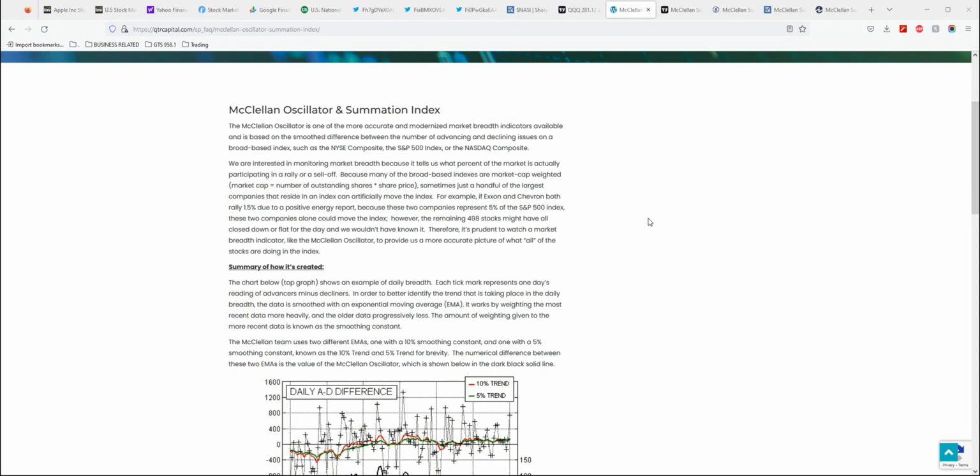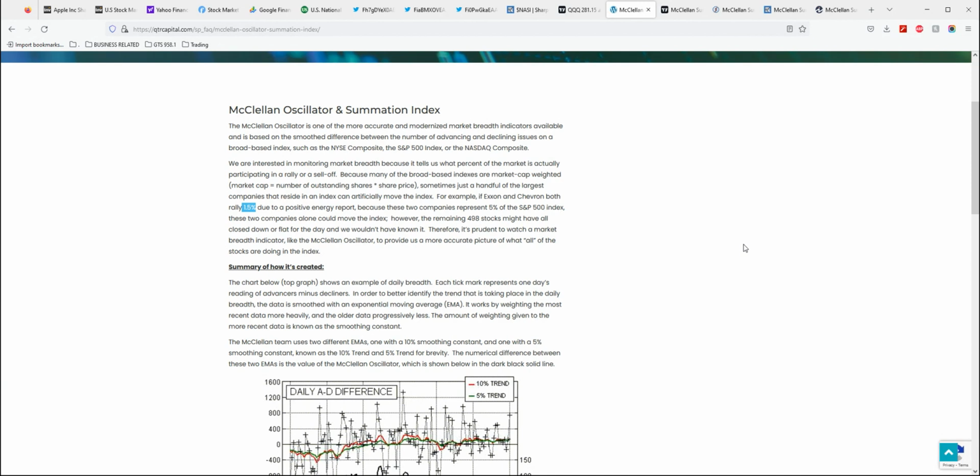As an example, if Exxon and Chevron both rally, let's say 1.5% due to a positive energy report, because these two companies represent 5% of the S&P index, they can move the index in a specific direction, despite the fact that the remaining 498 stocks might have closed flat or sold off that day.